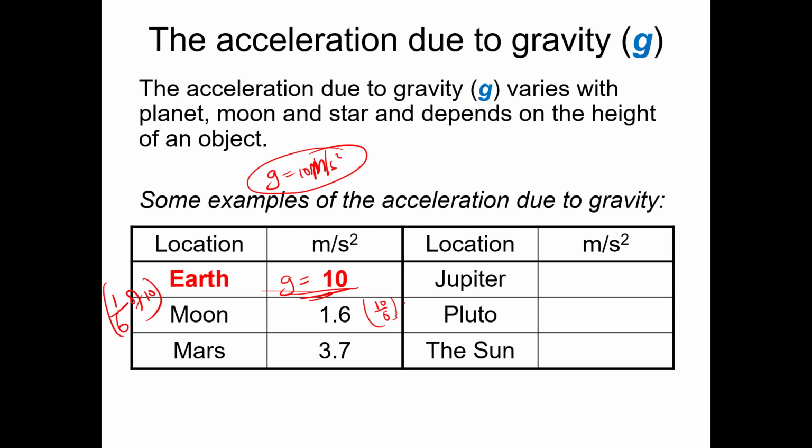On Mars, it is 3.7, on Jupiter, 24, Pluto, 0.7, and the Sun, it is 270 meters per second squared. So at the moment, don't forget this, that on Earth, g is equal to 10 meters per second squared.